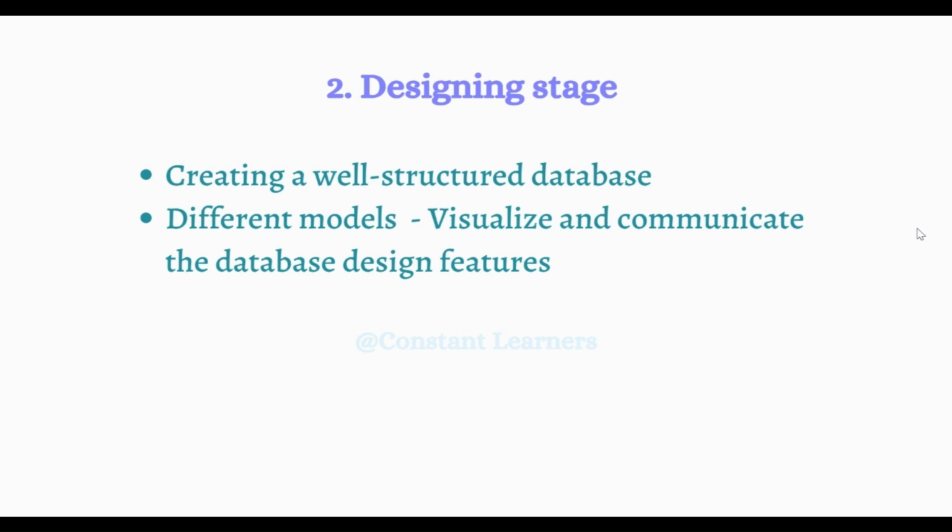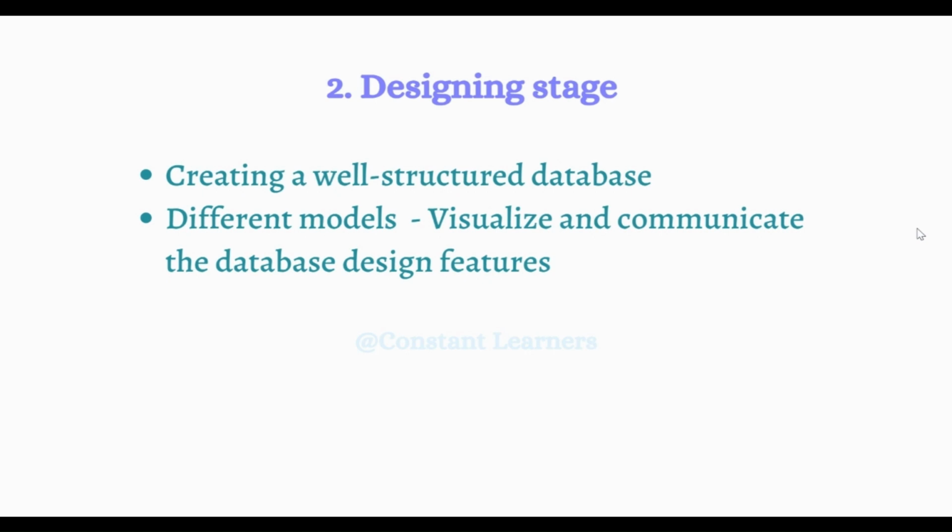All right. And the data models are simply the models or means to visualize and communicate the database design features at different stages of database development. The models are used to visualize the design, whatever we have planned in the planning stage, in the requirement analysis stage, whatever scope we have defined.